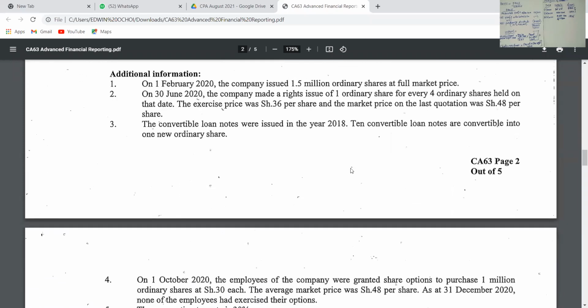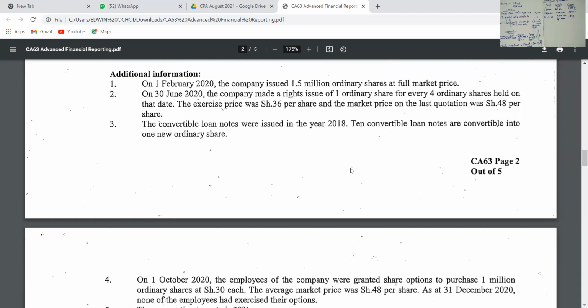Now the number 3 was concerning convertible loan notes. That one is never used in basic earnings per share, because they are supposed to be used in diluted. When we do diluted earnings per share, I will be using securities which are likely or unlikely to be converted to ordinary shares, the securities which bear the word convertible, including share options and warrants.